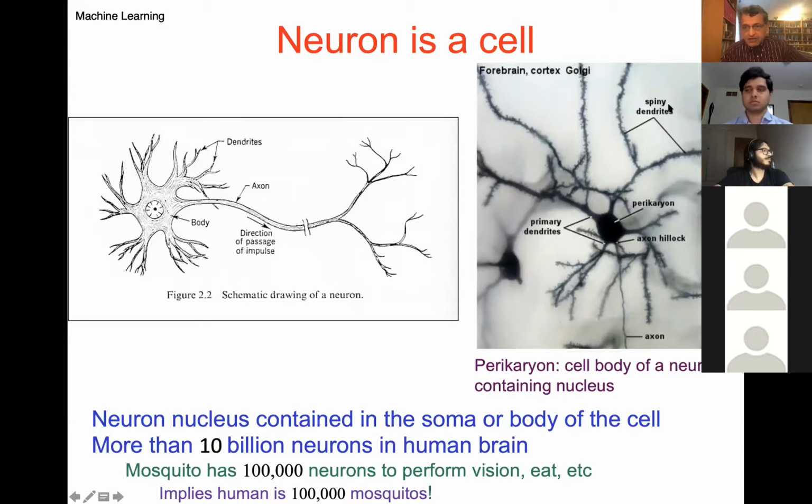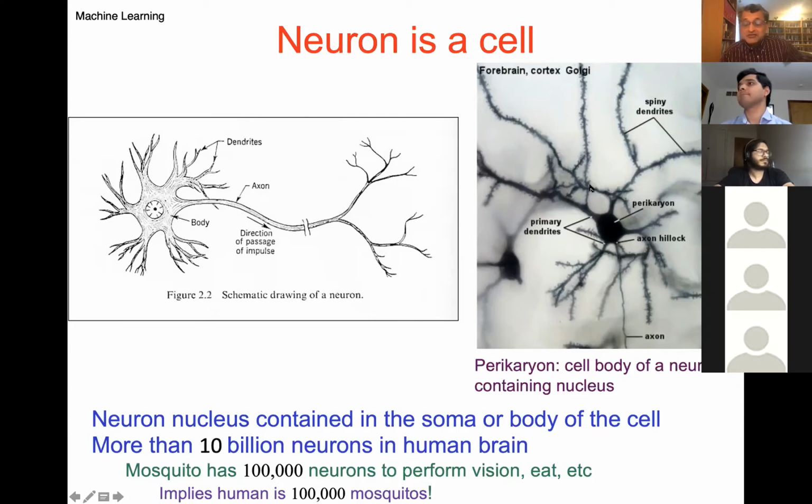And there are all kinds of, this is a pretty sophisticated terminology of studying the human brain. And we have primary dendrites, axon hillock. Okay, that looked like a hillock, all right. Axon hillock here. This is an axon here. They're called spiny dendrites. All right. This is the forebrain.